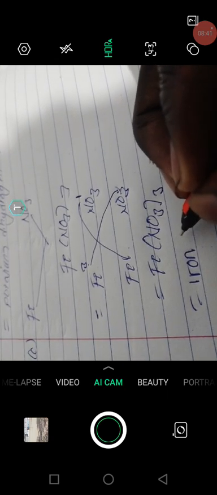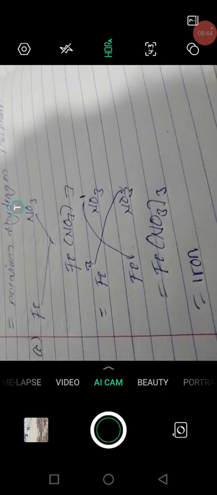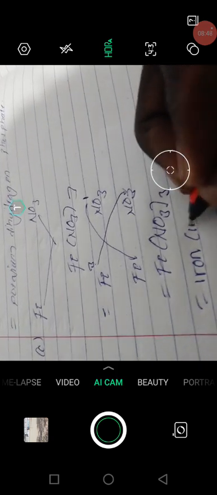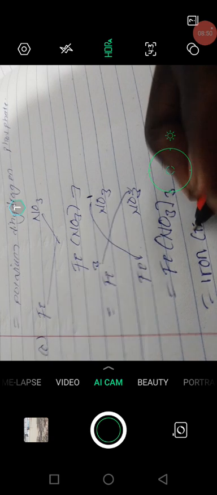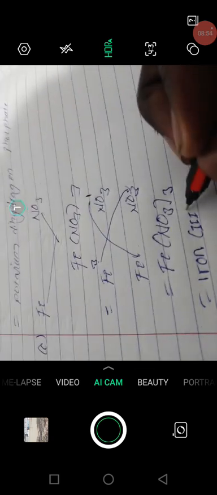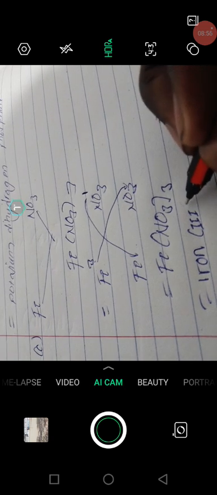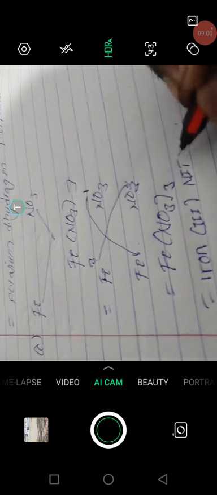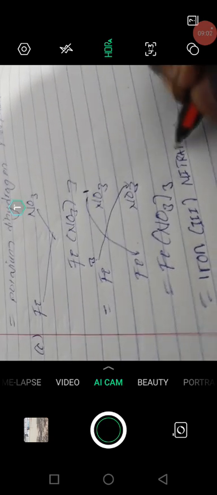This is a transitional metal, and when naming a transitional metal, there has to be an inclusion of a Roman numeral. This implies that this three is Roman numeral III. So this is iron(III) nitrate.